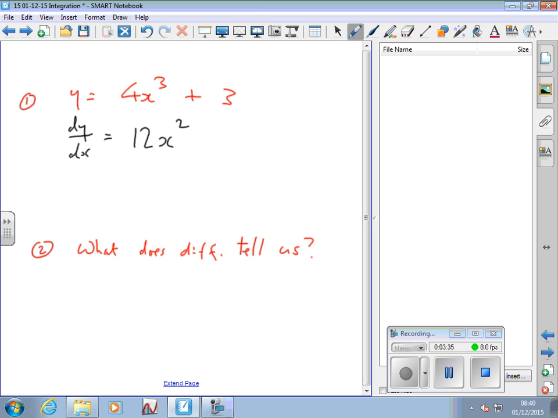What does that differential tell us about the original function? Rate of change. How is that function changing with respect to x? So x is often time. How is that function changing with respect to time? And if I plotted the graph, what would that tell us about the graph? So what's something else you could have said apart from rate of change?